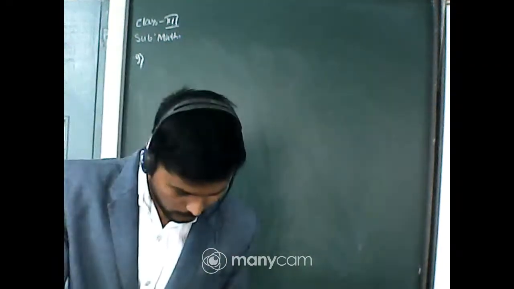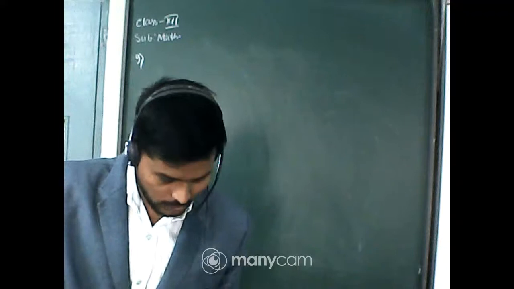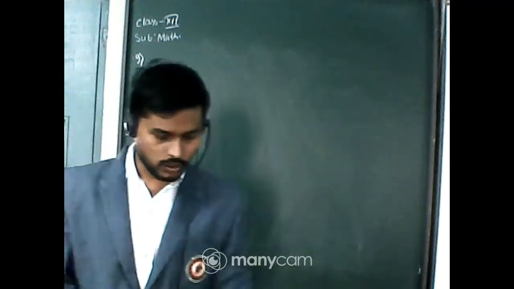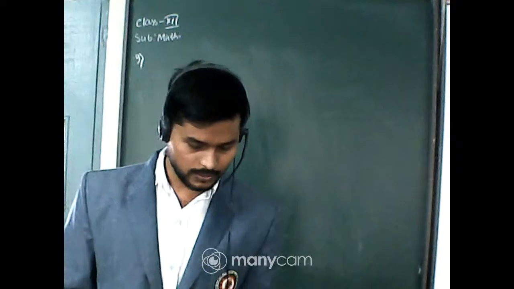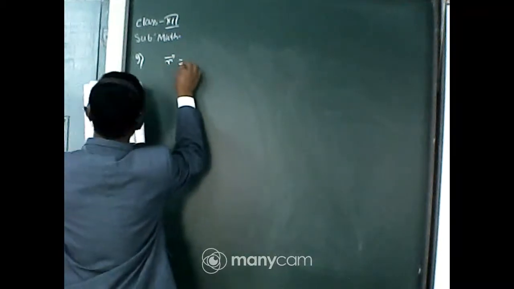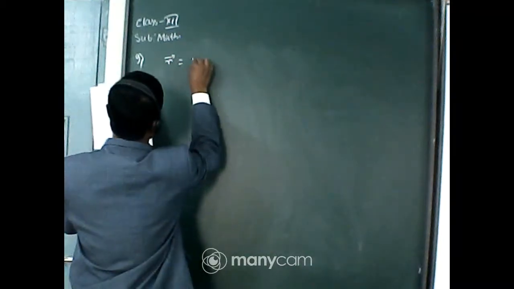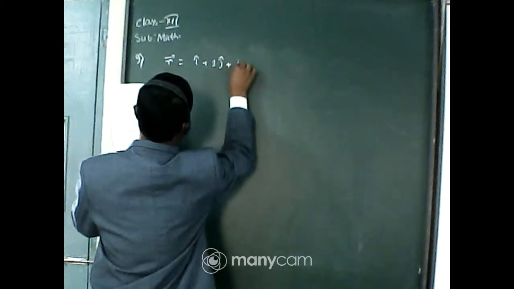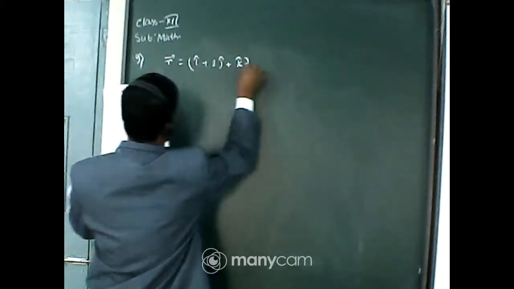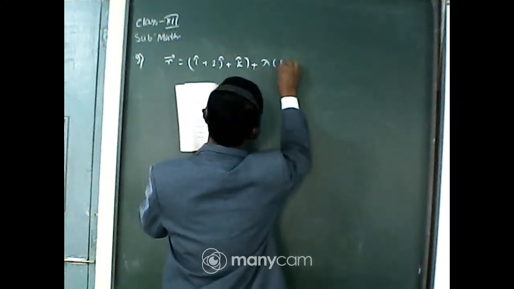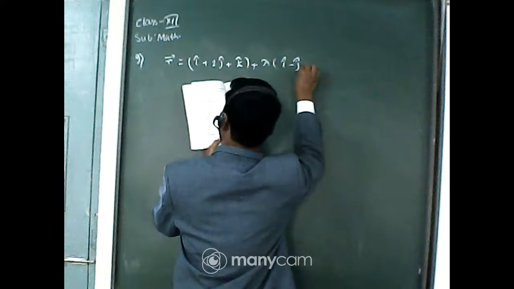Just come to question number 14. Question number 14 is: find the shortest distance between the lines. Two lines are given here. The first line is r equal to i plus 2j plus k vector, plus lambda into i minus j plus k vector.